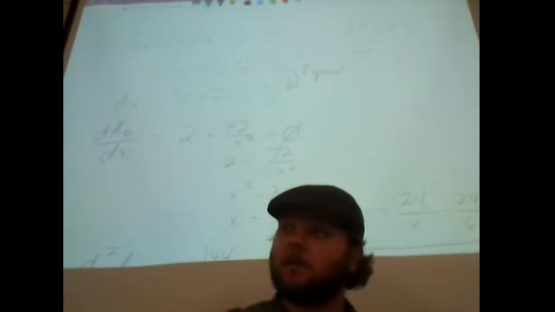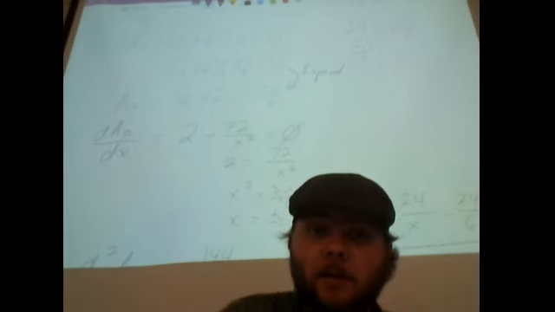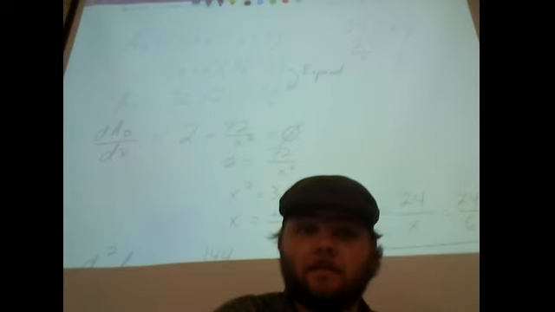So that means my overall area that I'm solving for, my outer area, is going to be defined as x plus 2 times y plus 3. And since I know that 24 is equal to x times y, and I don't like y, let's solve for it and get rid of it.